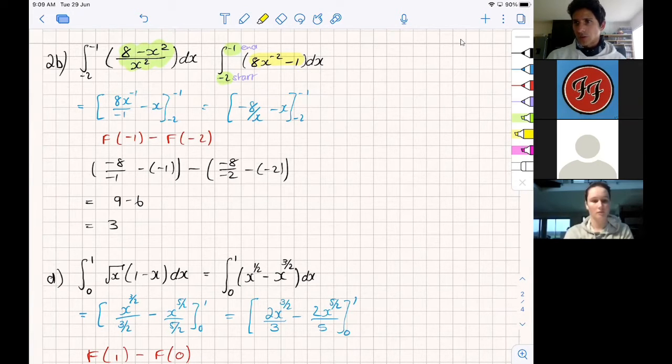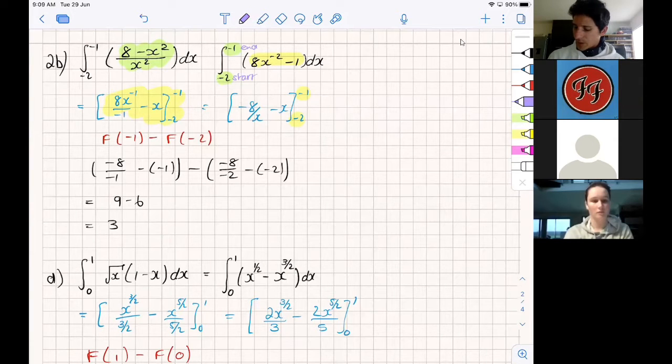Because I can't draw this graph, I don't know what it looks like. So the only way I can find the area is to find the primitive function. So here's my primitive function over here. Again, I've just simplified it, and don't forget that it is between those limits. Now, it does seem strange to put a big number in second, but remember this is -2 and -1. So just keep an eye on which values you plug in first.